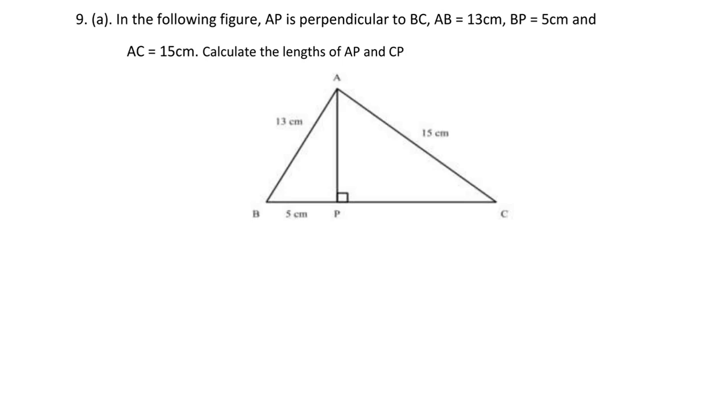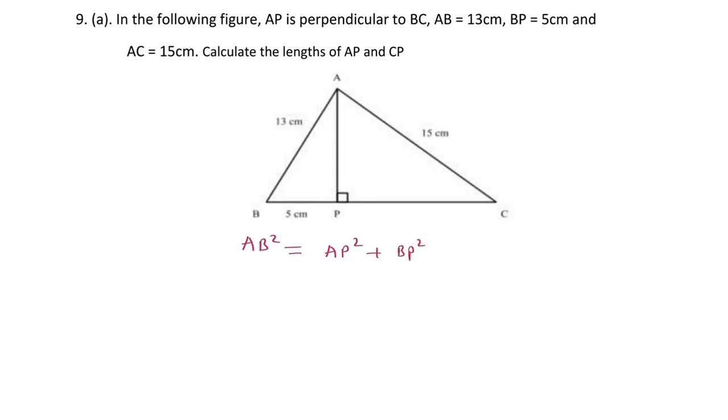Okay, so this is a geometry problem. Since line AP is perpendicular to BC, then we can use the Pythagoras theorem to find the required sides. Let us consider the triangle ABP. Applying the theorem, we are going to have AB squared equals AP squared plus BP squared.